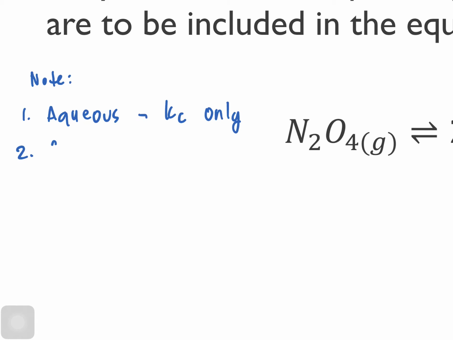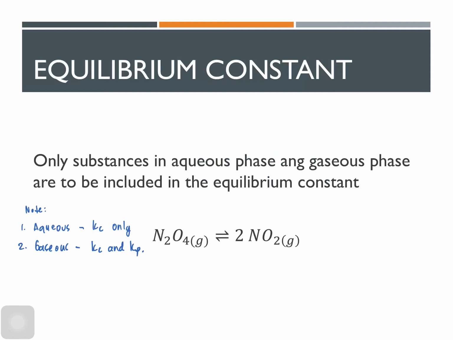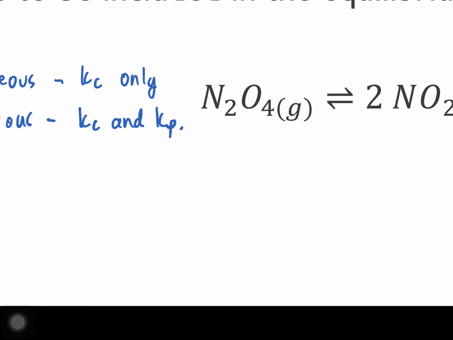However, if your substance is in the gaseous phase, you can write Kc and Kp. So to write the equilibrium constant for this reaction, we have to write Kc and Kp.